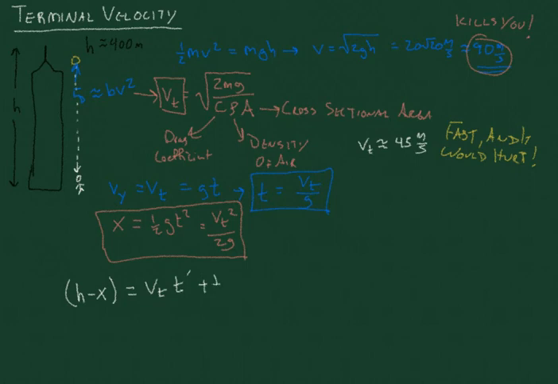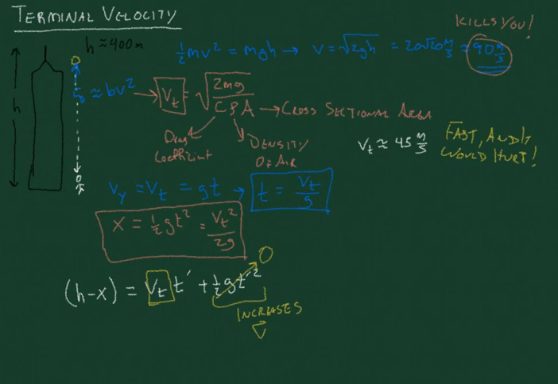Normally you would think we add a plus 1/2 g t prime squared term here, right? But we don't add this, because it increases the velocity, and we're not increasing the velocity anymore. Once we've reached terminal velocity, our velocity doesn't get any bigger.